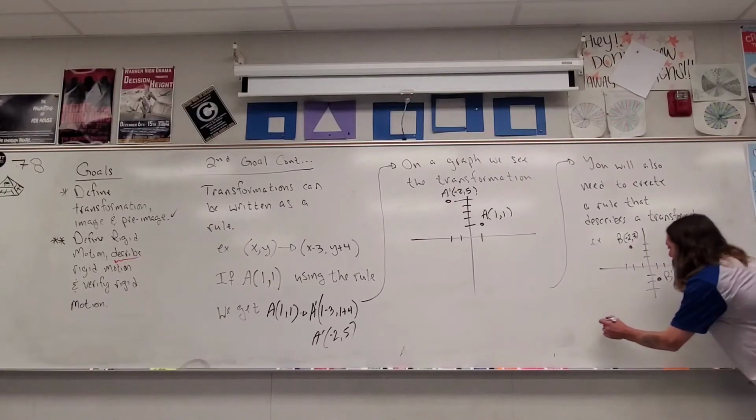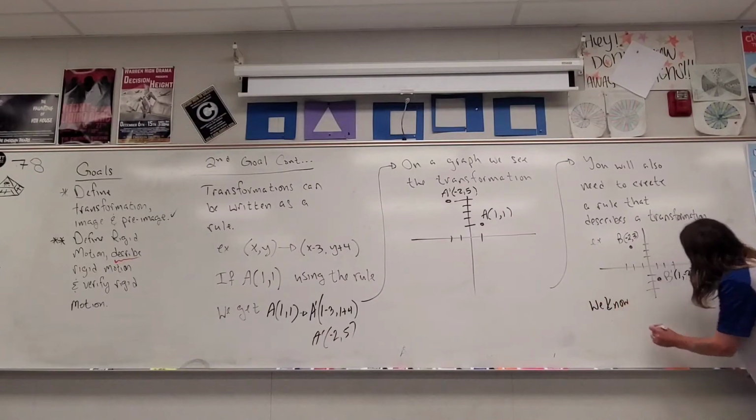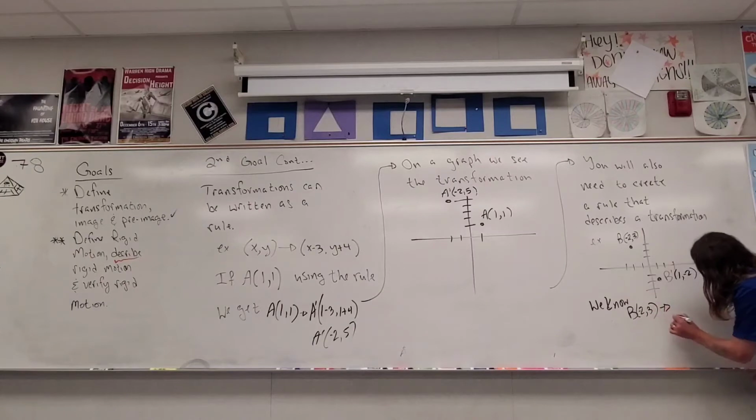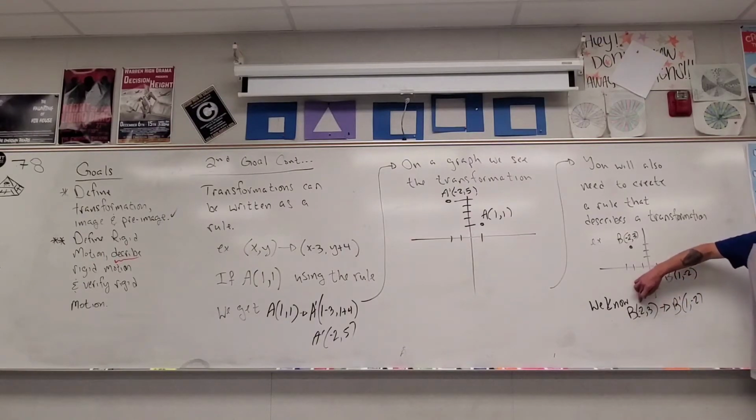So we know that B, which is negative 2 comma 3, maps to B prime, which is 1 comma negative 2. So the question is, what do you have to do to a negative 2 to turn it into a 1?